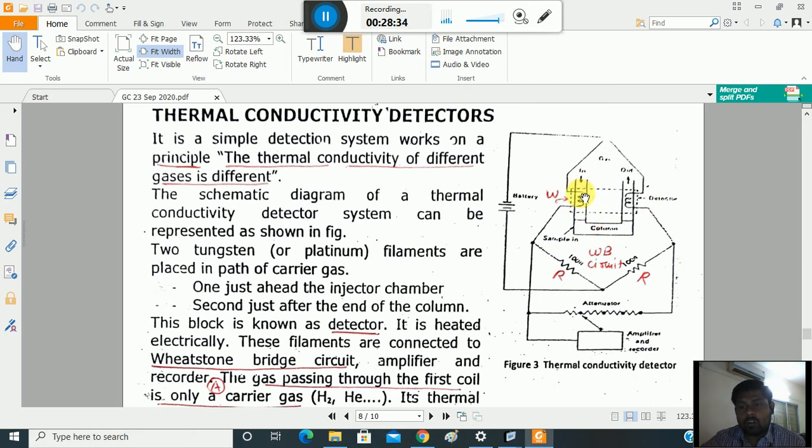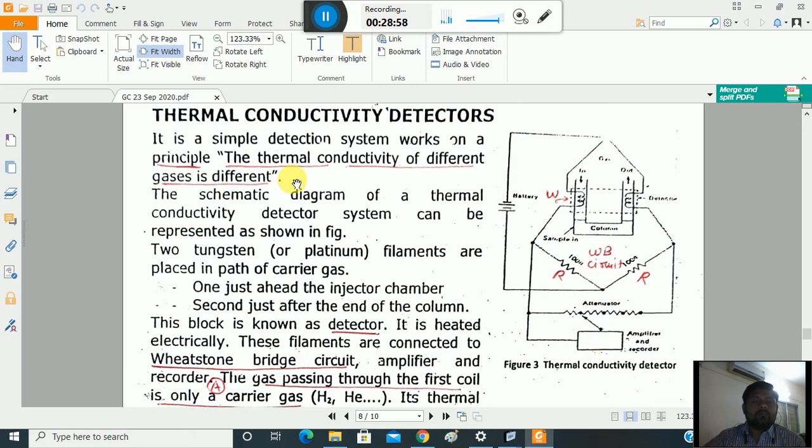That is your column, with the carrier gas inlet and carrier gas outlet. The sample is introduced from that point. That is a Wheatstone bridge circuit, attached to the attenuator, and that is the amplifier or recorder.